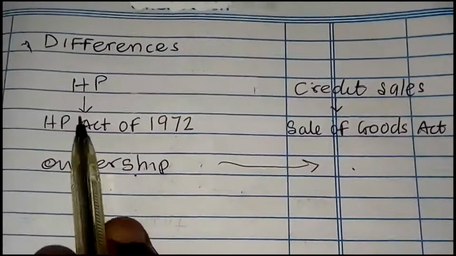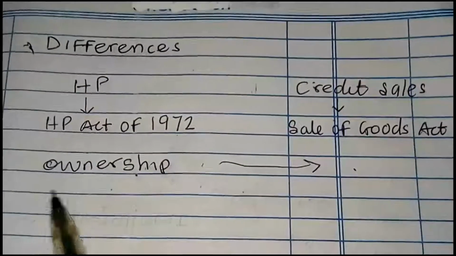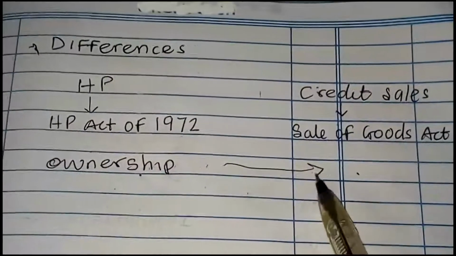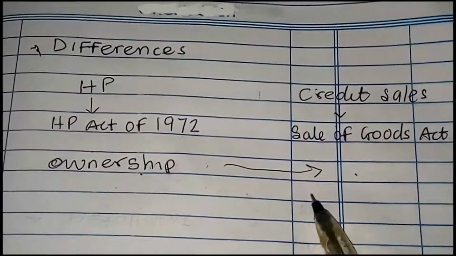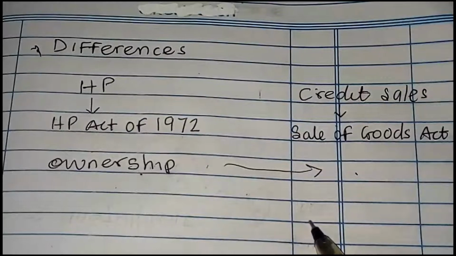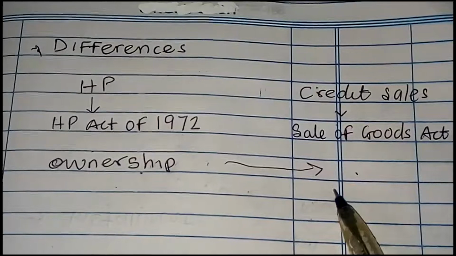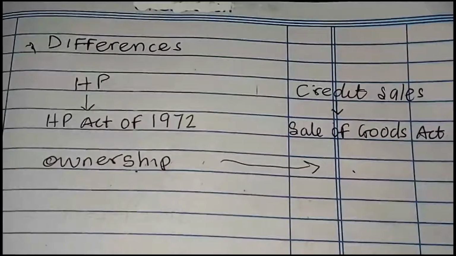In the case of hire purchase, ownership of goods is not transferred to the buyer immediately. But in the case of credit sales, ownership of goods is transferred to the buyer immediately, once the agreement has been made.